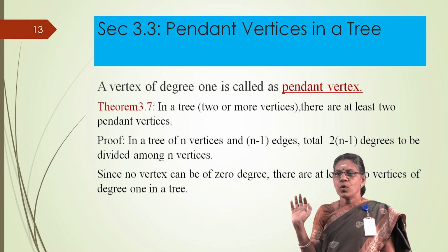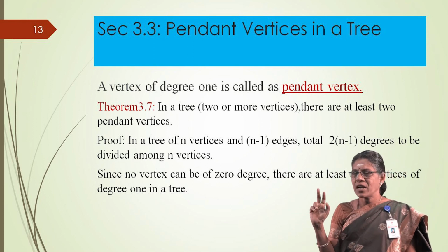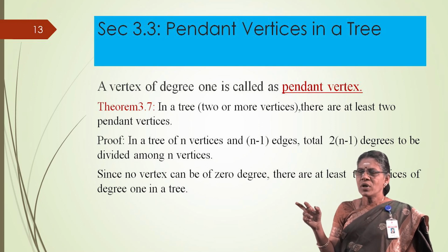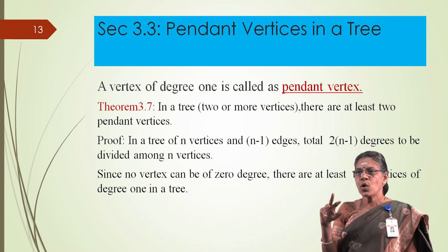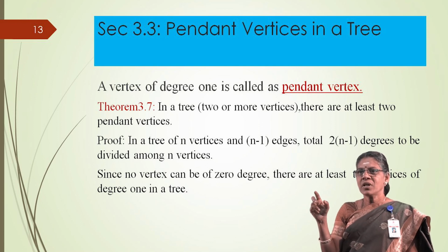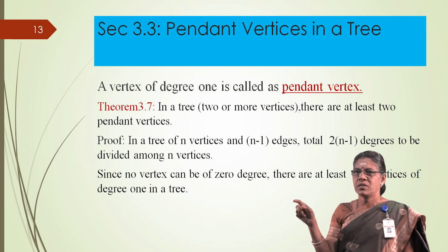Proof. In a tree of n vertices and n minus 1 edges, what is the total degree of the vertices? The total is 2 into E, where E is the number of edges, so 2 into n minus 1 degrees.